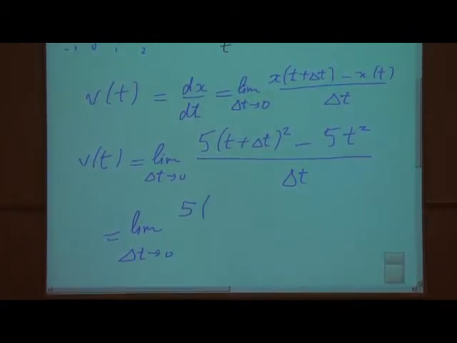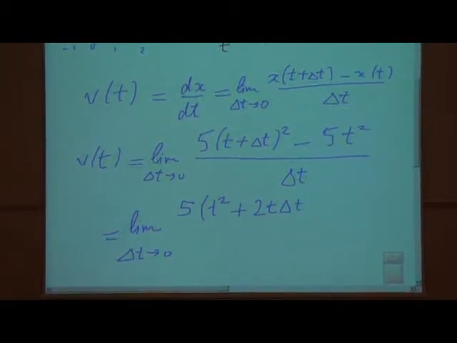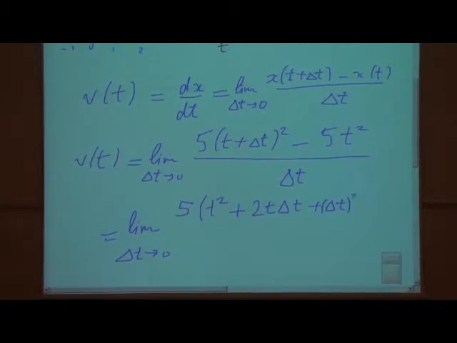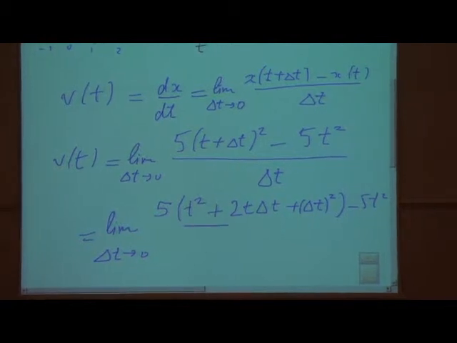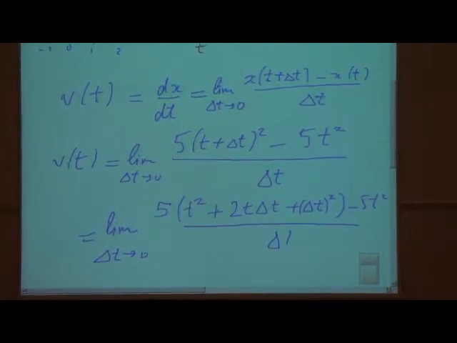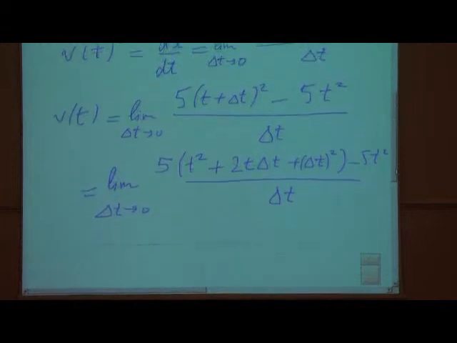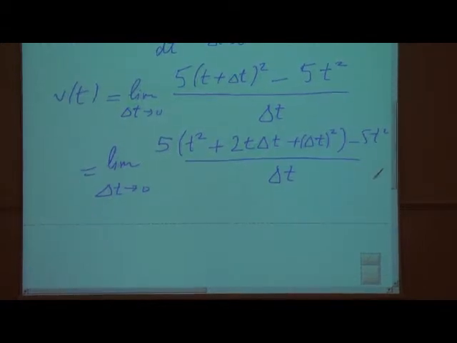Yeah, there's a t squared, and then plus 2t delta t plus delta t squared, minus 5t squared, divided by delta t.